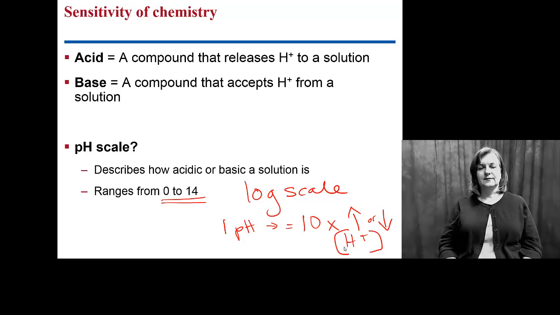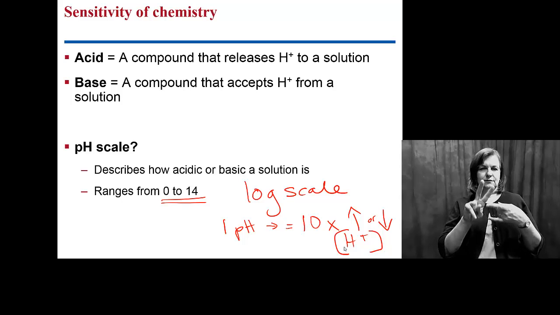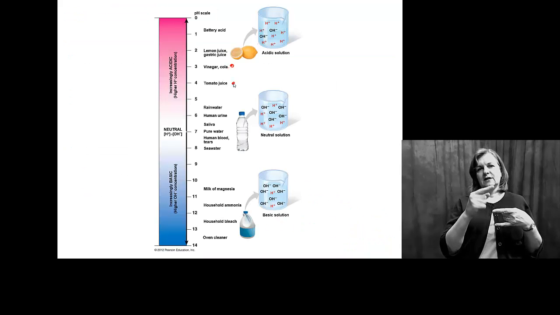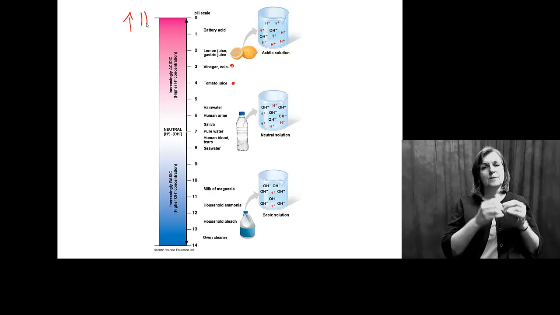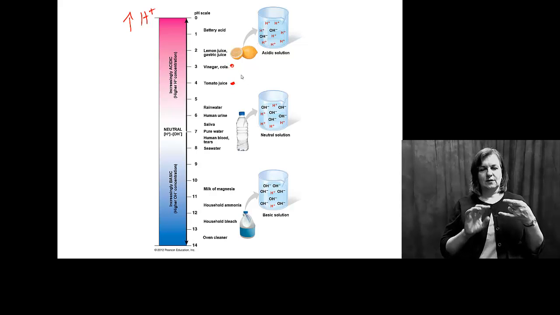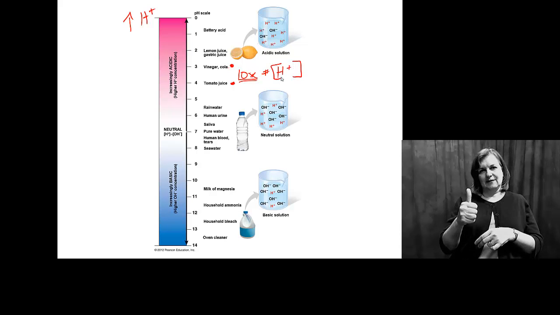Meaning that we may talk about pH of 2 or pH of 3, but that actually on our scale means that between vinegar and cola, being more acidic means higher H+ concentrations. So if I go from tomato juice at 4 to vinegar or soda at 3, this is actually a 10x increase in the concentration of hydrogen ions.